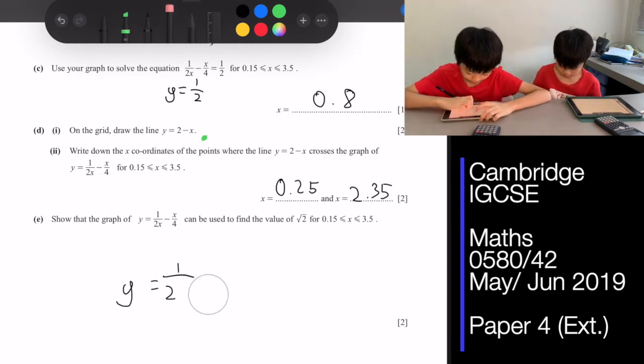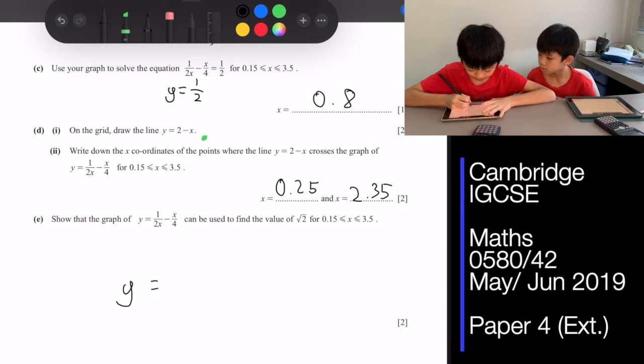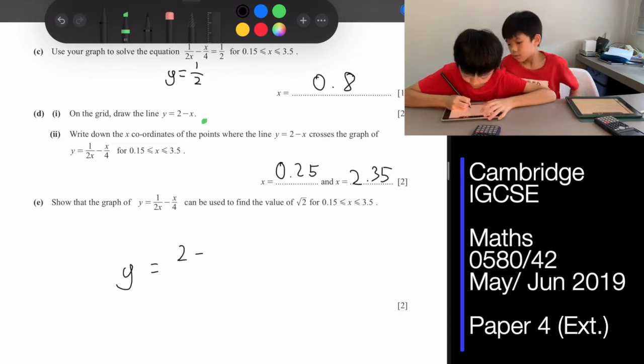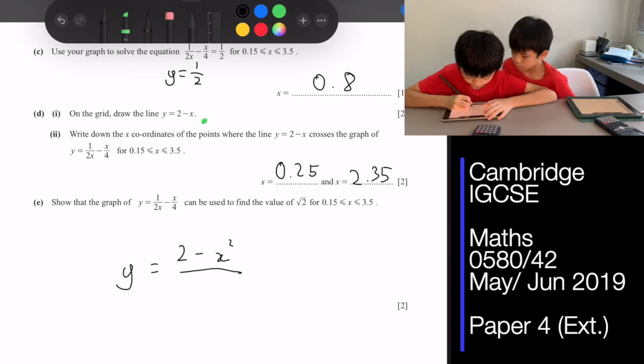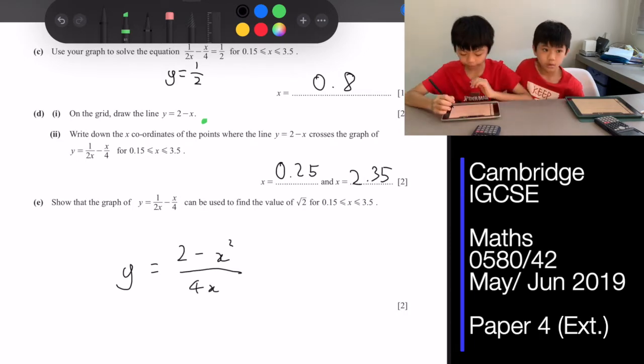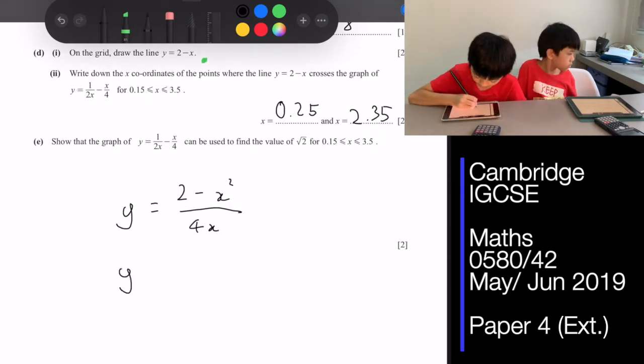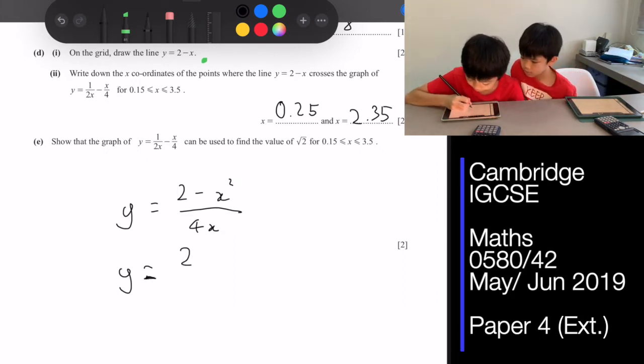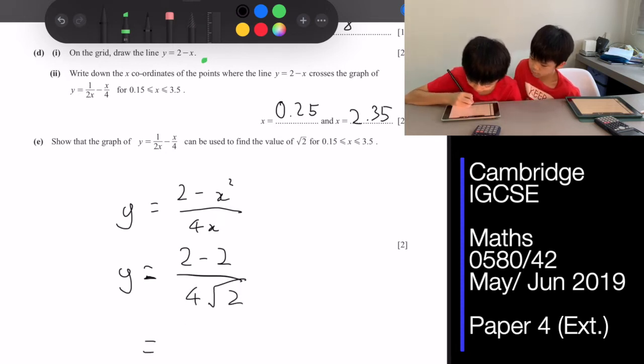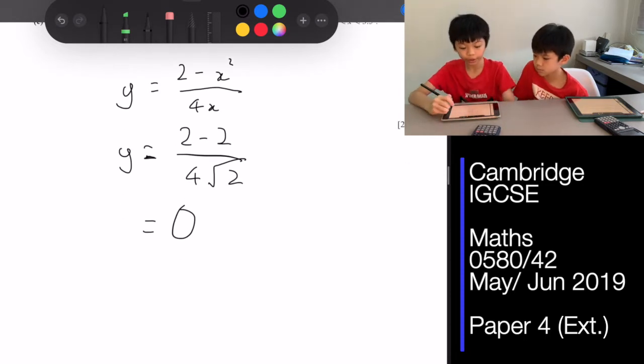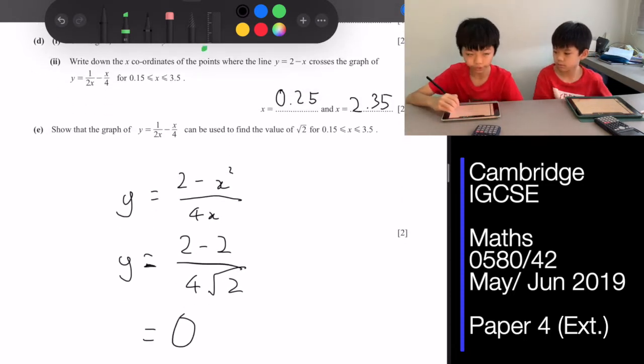Hold on, let's simplify this first: y equals (2 minus x squared) over 4x. Then we replace all the x values with root 2: 2 minus 2 over 4 root 2, which equals 0. So y equals 0. That means that x is root 2.